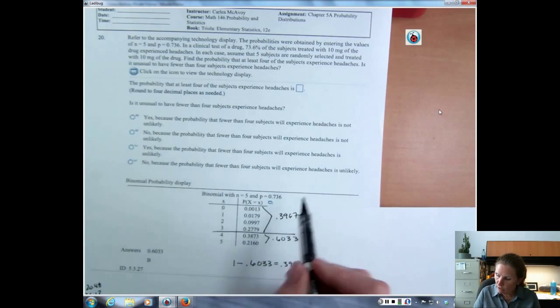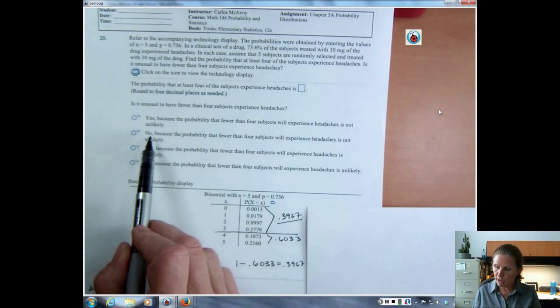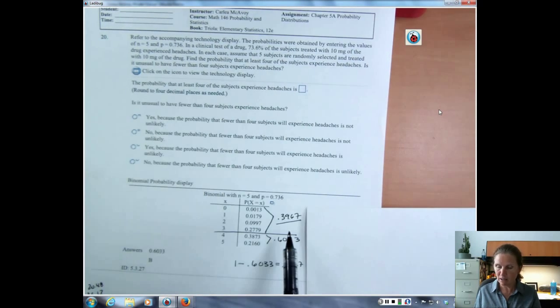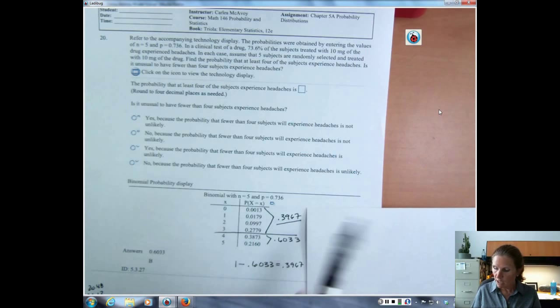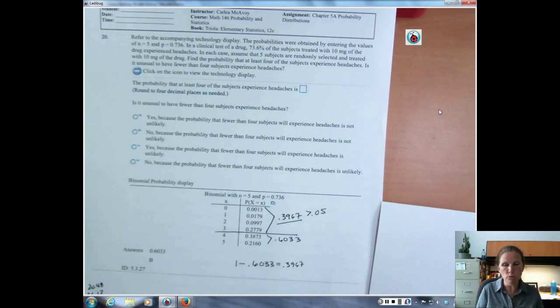We can look at the number for fewer than 4 and say that's definitely greater than 5%. If it's greater than 5%, then it's not unusual. It's usual for that to happen. So the answer is B. It's not unusual because the probability that fewer than 4 sighted people experience headaches is not unlikely. It's not unlikely because this number is greater than the 5% that we say is the cutoff between unusual and not unusual.